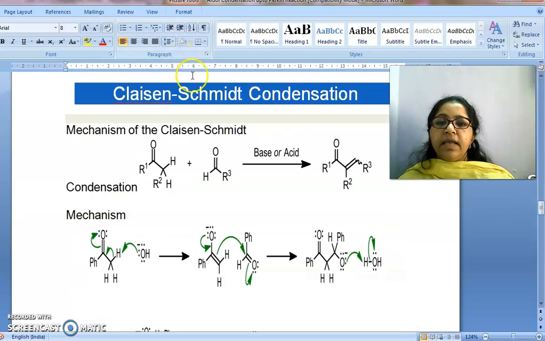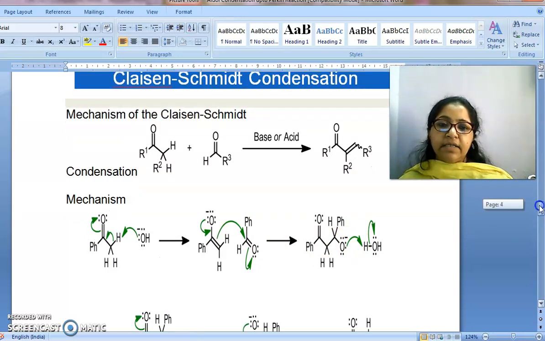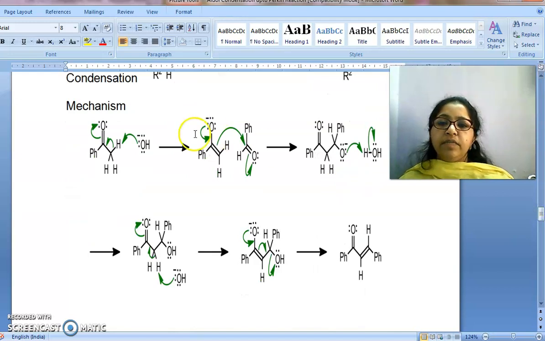Next is Claisen-Schmidt condensation. In case of Claisen-Schmidt condensation, also we have the requirement of one alpha hydrogen on a carbonyl compound, and we have an aldehyde. So here you have to remember all this, and base or acid both can take part. If it is base catalyzed, it takes one proton from the alpha position and gives an oxide.